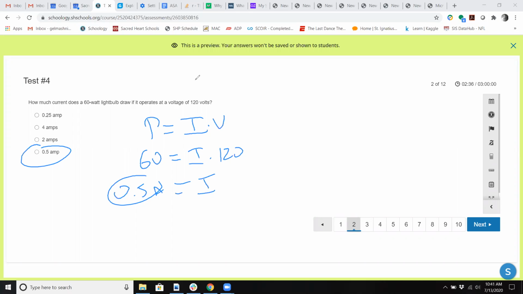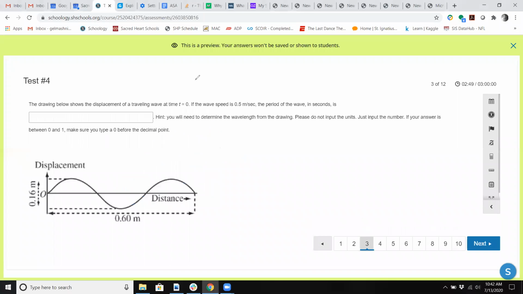Okay, a lot of people had a hard time with this question. And a lot of people put 2 as their answer. Maybe I made a mistake, I don't know, but let's work through this one. So here you have actually 1.5 cycles, because that's one cycle.